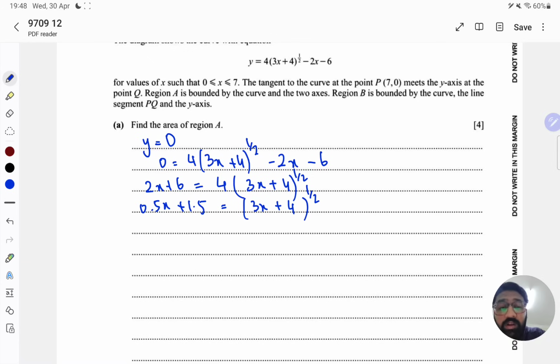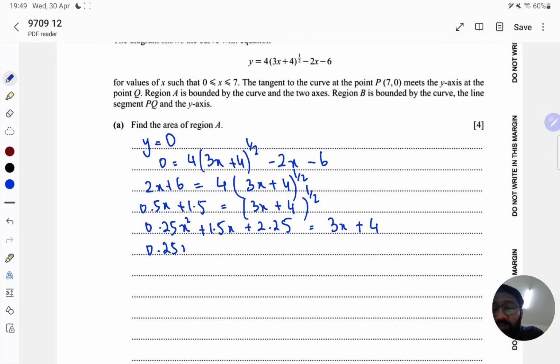We will take square on both sides. So if we take square on both sides, we will have 0.25x² + 2 × 0.5 × 1.5, which is again 1.5x, plus 1.5² is 2.25, and it will be equal to 3x + 4.